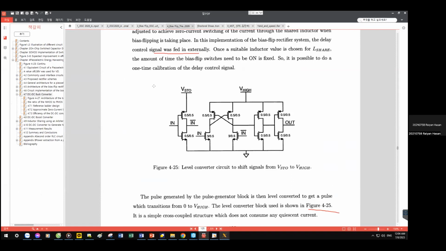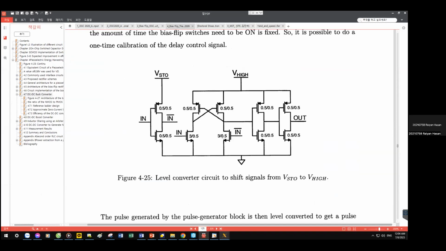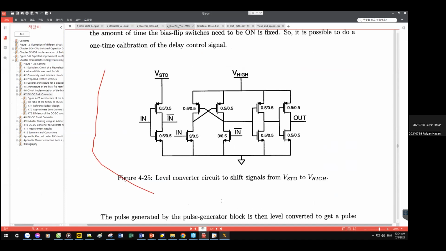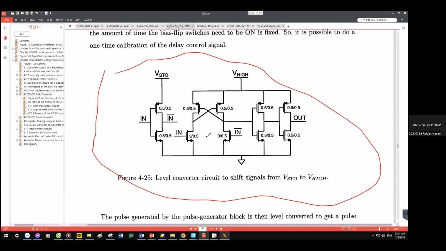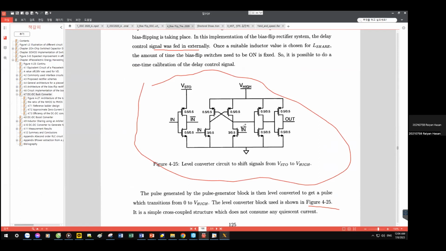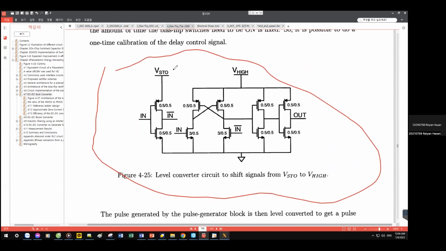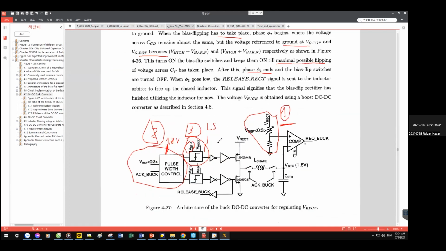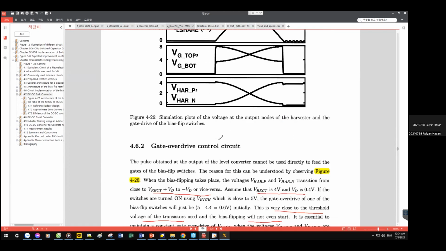Simulate this circuit. Level shifter is not too difficult. Here is 1.8 volt, and here is 5 volt. I think, oh no, in here it should be reference.